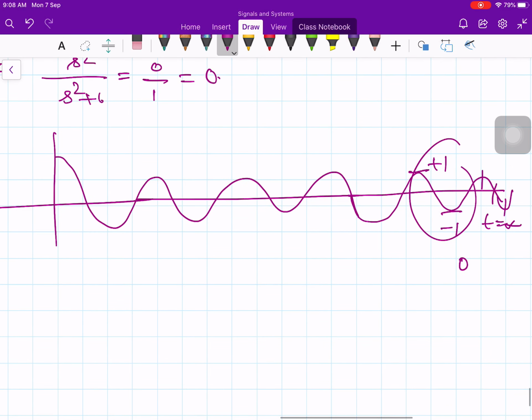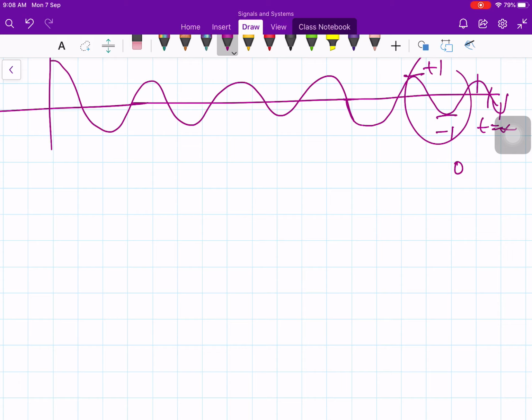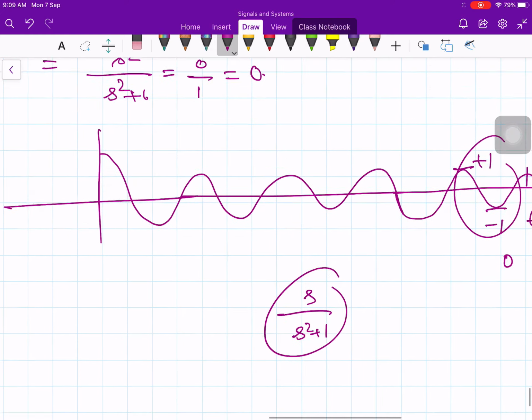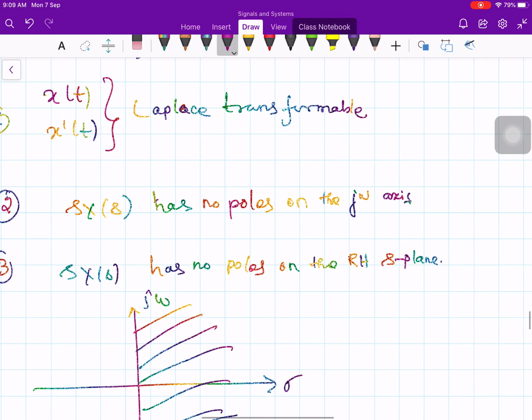But the important point to observe in the final value theorem is that s divided by s square plus 1 will not satisfy the statement of the theorem. What is the statement of the theorem? It should not have any poles on the right half of the s plane, or on the j omega axis.